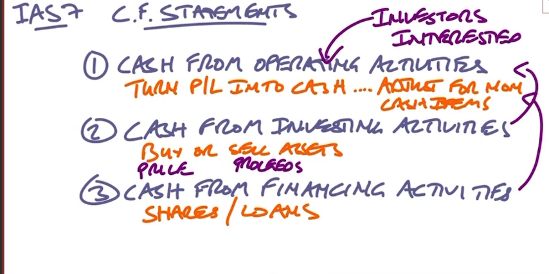In terms of the relationship here, make sure that you understand that there is a relationship between these two, because obviously the cash from investing activities, if you're buying assets, well, that cash is going to be generated often from financing activities. So in order to raise the capital to actually invest it, well, they're probably going to issue shares or loans.